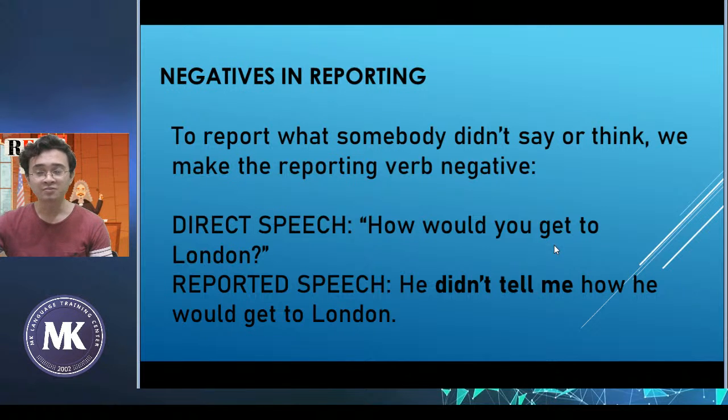So in the reported speech, it follows the statement pattern or the statement rule. Even though the sentence was in question form in the direct speech, in the reported speech it became a statement form. That's why we follow the pattern of subject plus verb in the reported speech.